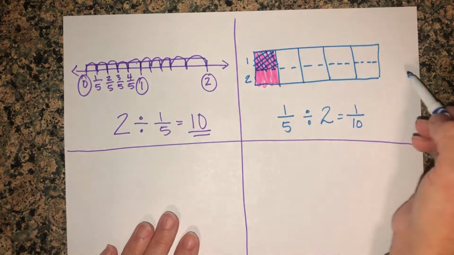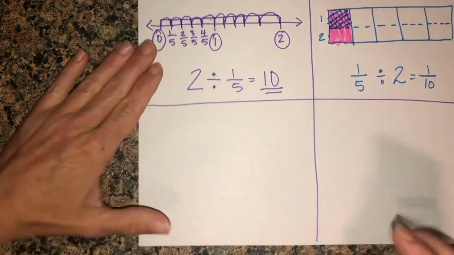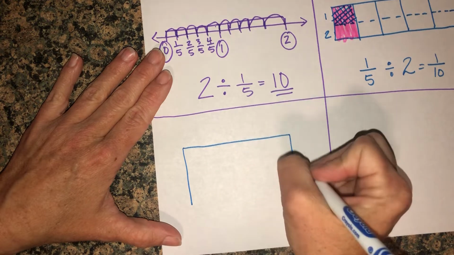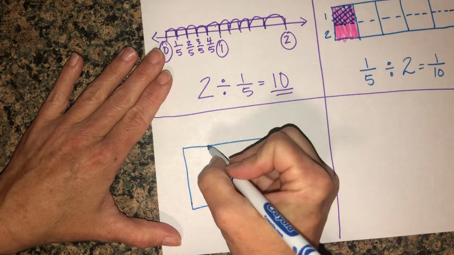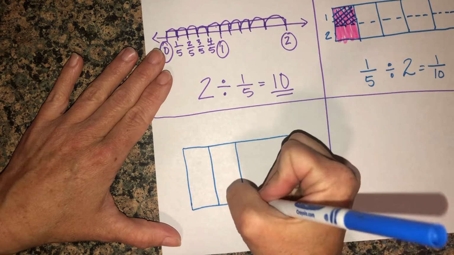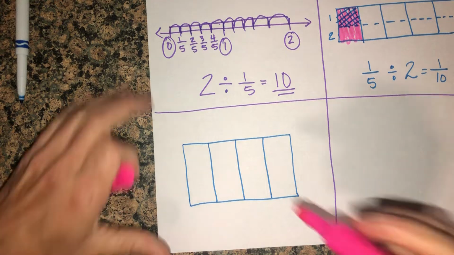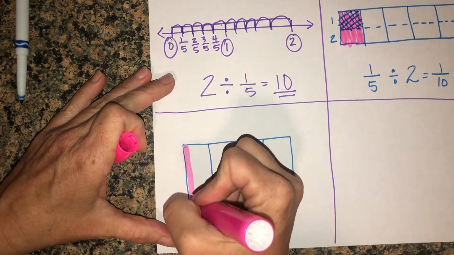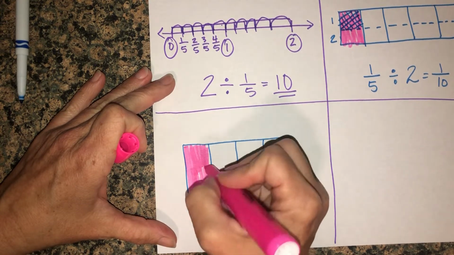Now, I've been drawing the cuts horizontally, but they can go the other way, and I think that's what threw a couple of you guys off. And I honestly don't see this direction a whole lot, but they do come up from time to time.